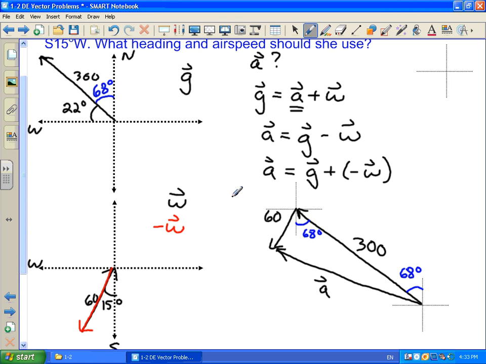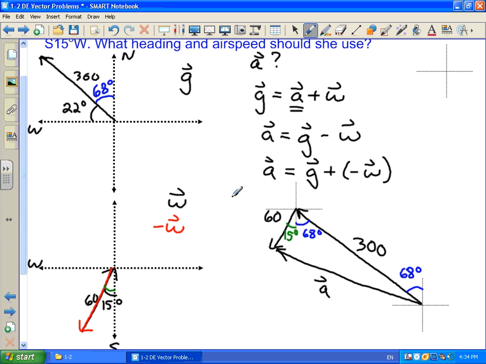Next, we've got 15 degrees between the tail of our minus wind velocity and the vertical there. So that tells us that this angle right in here is also going to be 15 degrees. So now we have the magnitude of one side, 300, the magnitude of the other side, 60, and we have the enclosed angle between the two.